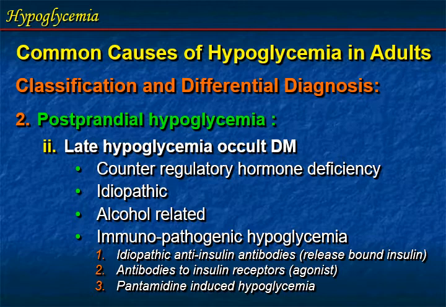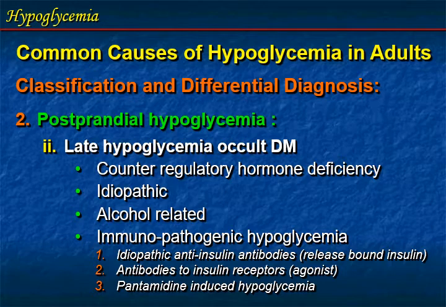One of the most important causes of postprandial hypoglycemia in the adult is the alcohol related, and we are going to talk about it later on. And this is most common in the Western communities. In Egypt and the Middle East area, people do not use alcohol a lot.